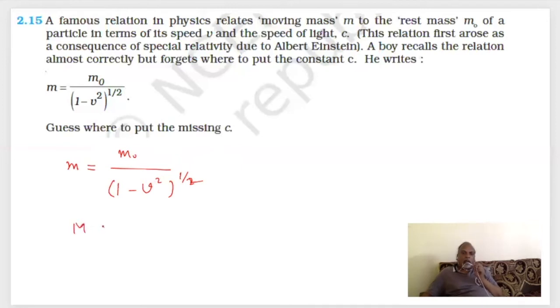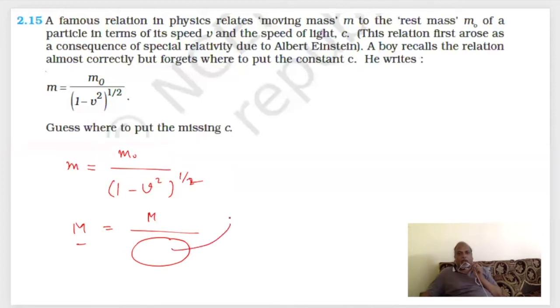That is M. And the dimension of m0 is also M. That means whatever dimension comes from (1 minus v square) to the power 1 by 2 should be dimensionless, because here it is M, here also it is M. When these two are equated, they satisfy the principle of homogeneity of dimensions. So this has to be dimensionless.